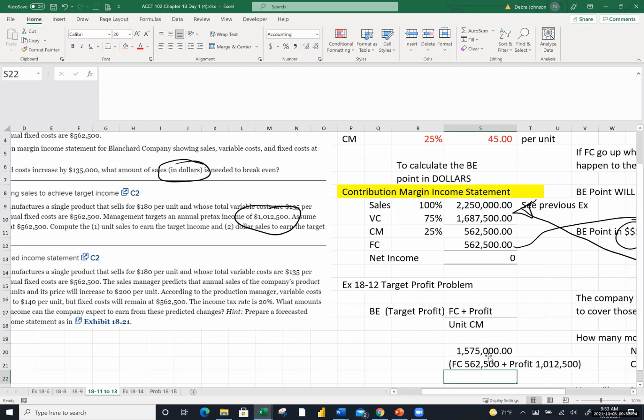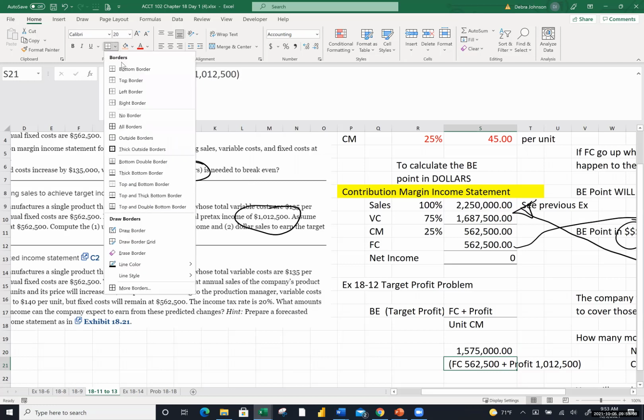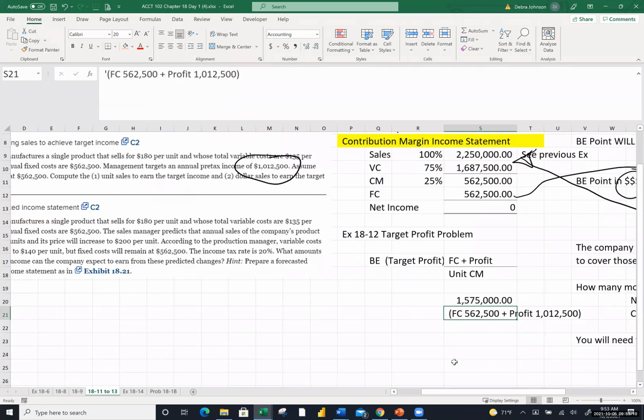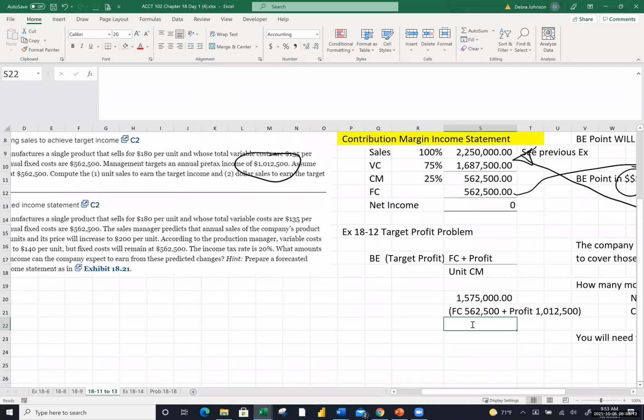That's what goes on the top. What goes on the bottom is that same old per unit contribution margin, 45. Pop that into your calculator. And this is how many units we need to sell to generate that target profit.